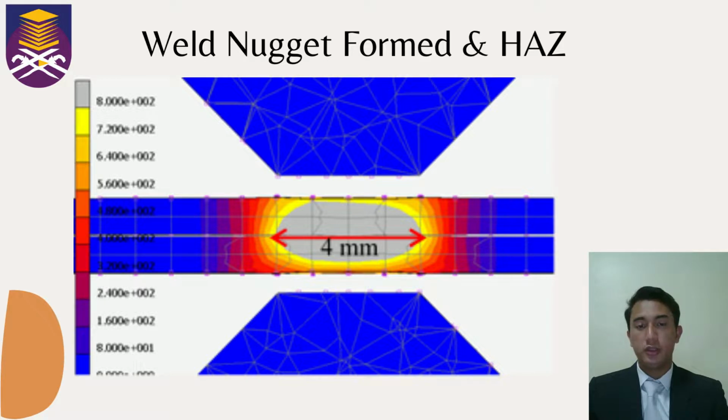Based on theories, a good weld nugget size must not be bigger than the size of the tip of the electrode. This is proven in the diagram, which shows the weld nugget size is 4 mm and it is smaller than the size of the tip of the electrode.